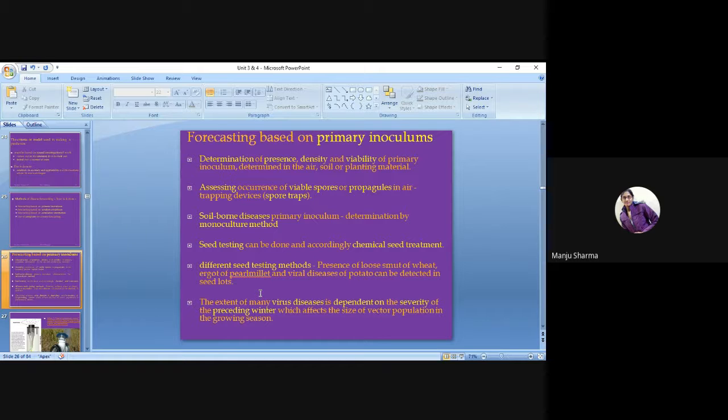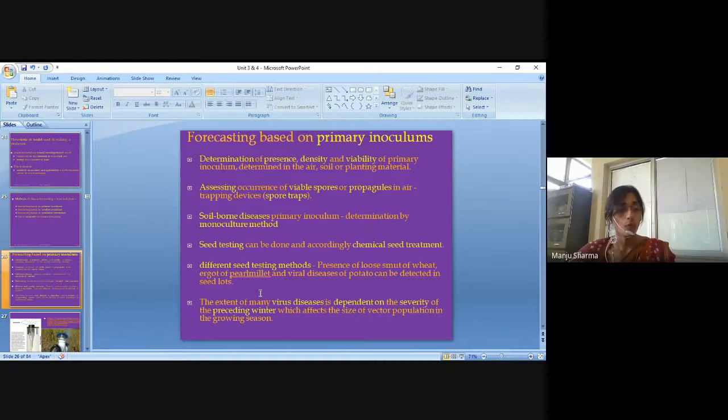Next one is soil-borne disease. Soil-borne disease, primary inoculum, that is determined by monoculture method.